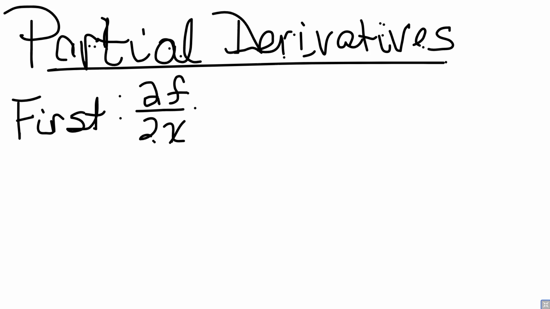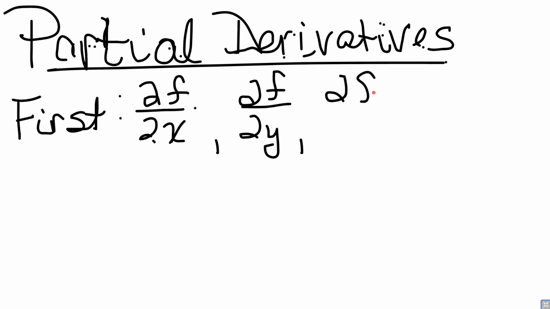Whatever variable you're taking the derivative in respect of, that's the variable. All other variables are considered constants. So you can take the partial of f in respect to x, the partial of f in respect to y, and the partial of f in respect to z.